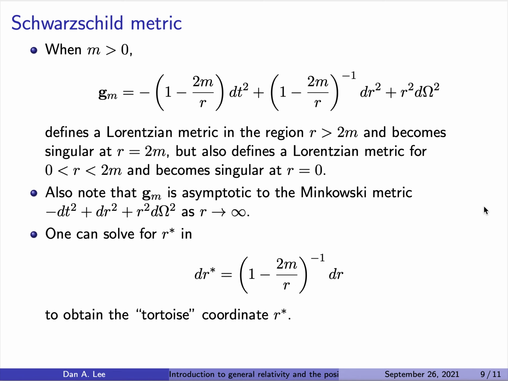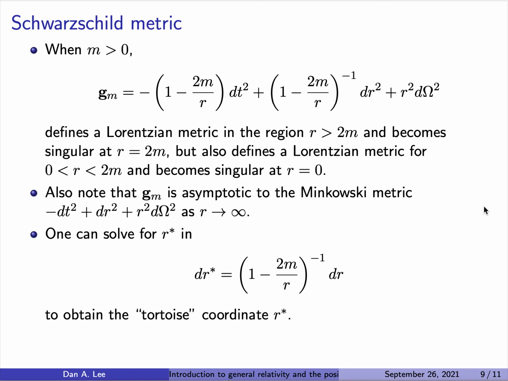Okay, so now I want to try to find an alternate expression for the Schwarzschild metric. What I'm going to do is solve for a new coordinate r star in this equation: dr star equals (1 minus 2m over r) to the minus 1 dr. This r star is usually called a tortoise coordinate in the literature.